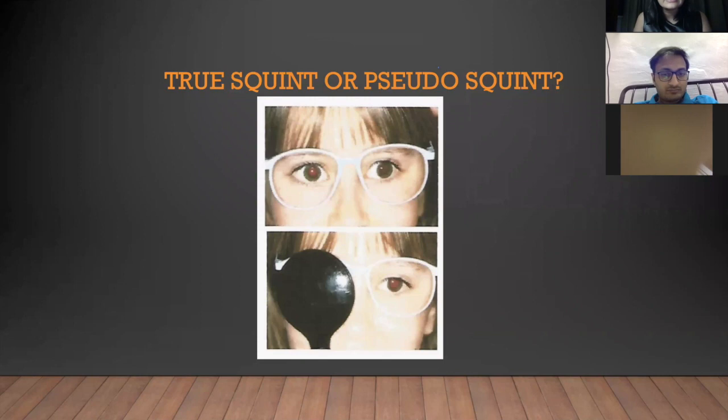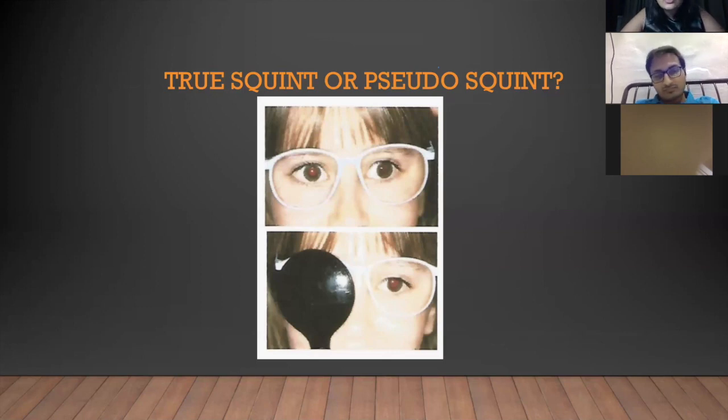And hence, this is a case of no squint, only a positive angle kappa, or that the eye appears to be squinting. Okay. And what you see very commonly in children is a broad nasal bridge with the eyes looking like they are in esotropia. So they look like they're pseudo esotropic.